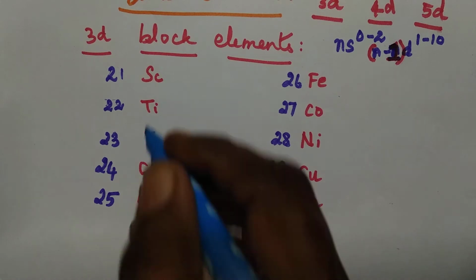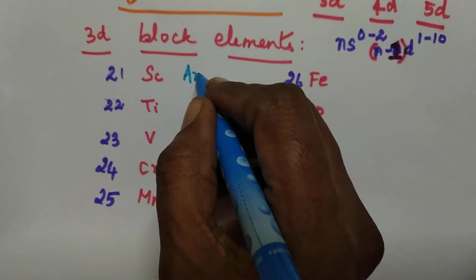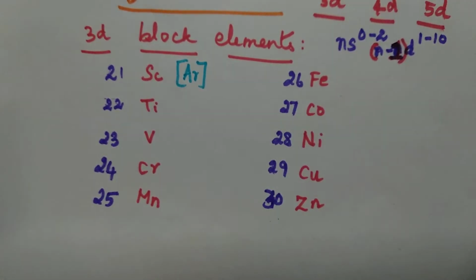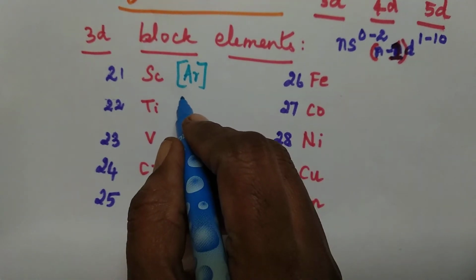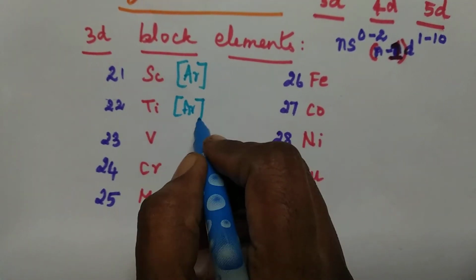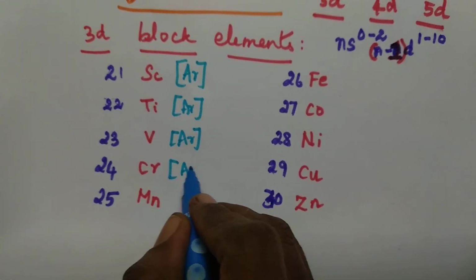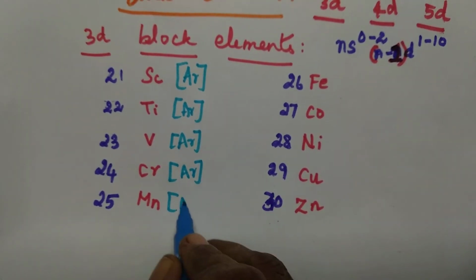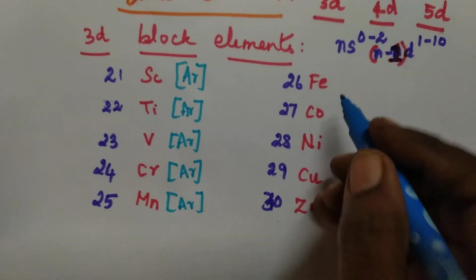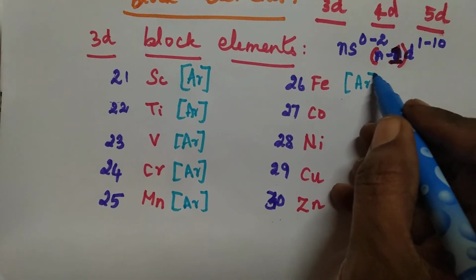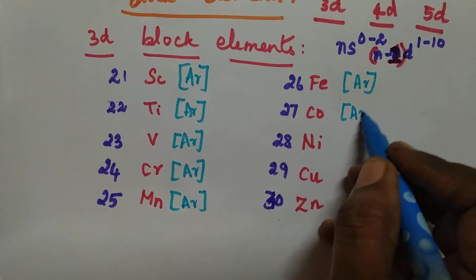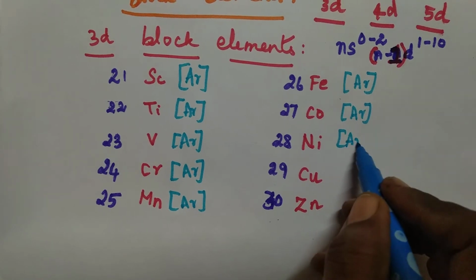That argon has 18 electrons. So we write the argon configuration first for all the 10 elements of the 3d series.